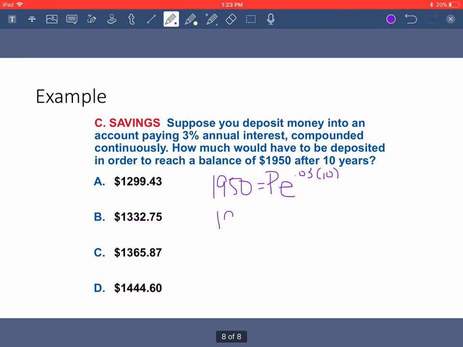So I have 1950 equals P times e raised to the 0.3 power. And I'm just going to divide 1950 by e raised to the 0.3 power. So 1950 divided by e to the 0.3.